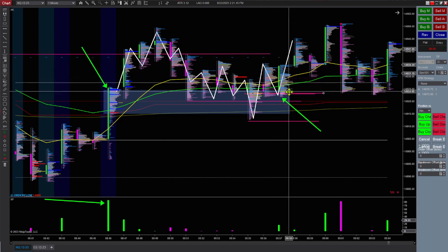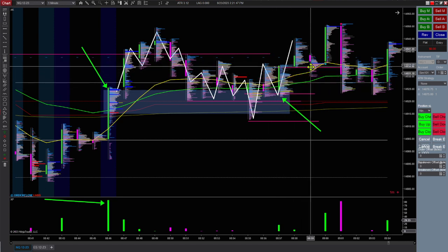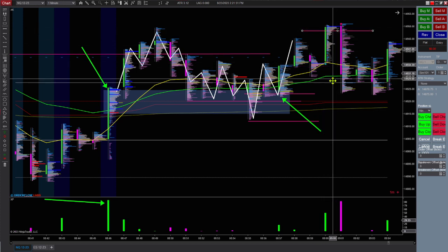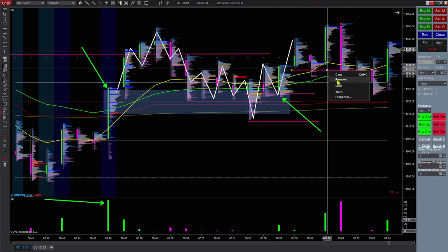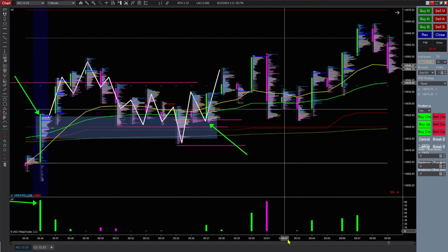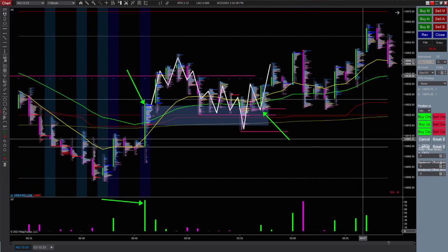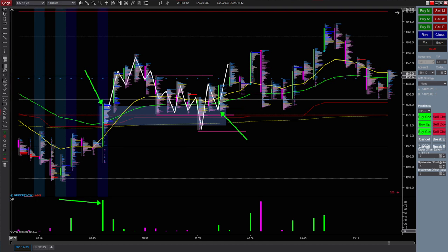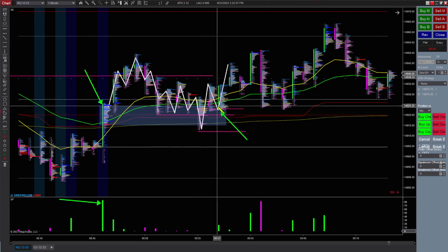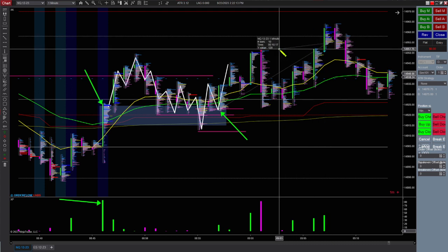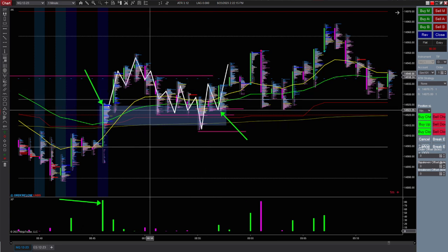A lot of the times, getting in and holding here, you might have been stopped out with just a 1-to-1 unless you are more lenient with your stops or not as aggressive with them. But as you can see, if you were to have gotten in there and let's say you ended up getting out somewhere over here, 128.6, a pretty good move.